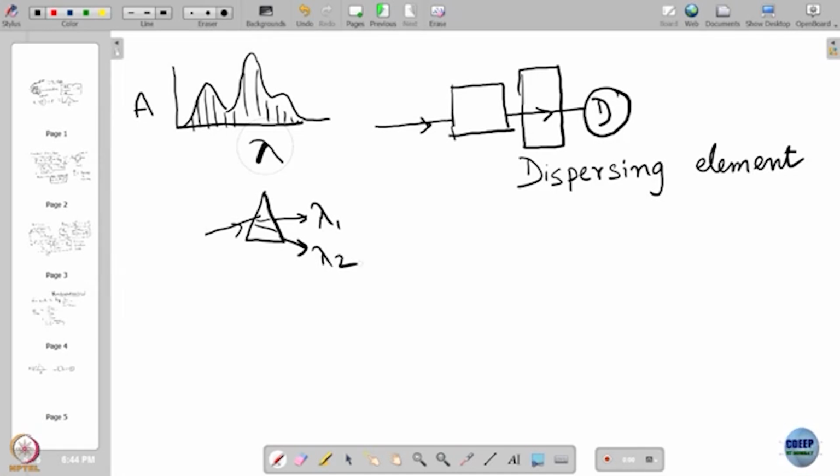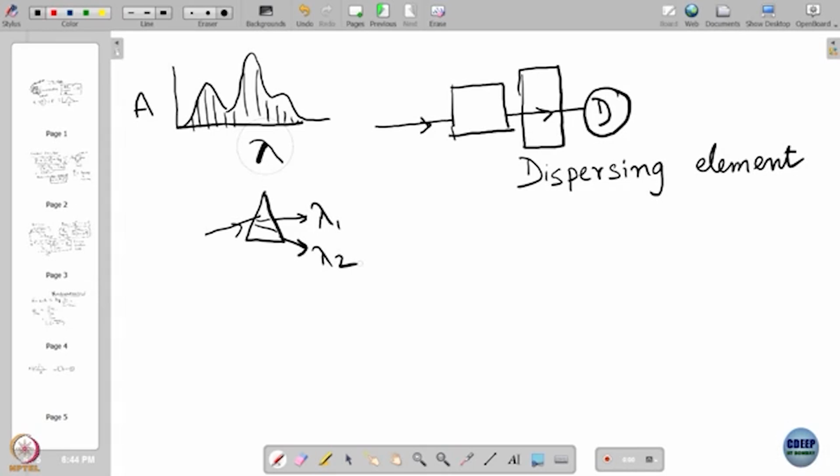Okay. So, this is a way of preparing a rainbow. So, what we essentially have to do is, from this light we have to prepare a rainbow, and then we have to make different parts of that rainbow fall on the detector at different times, right. So, that is our job. How do you do it? You can use a prism.